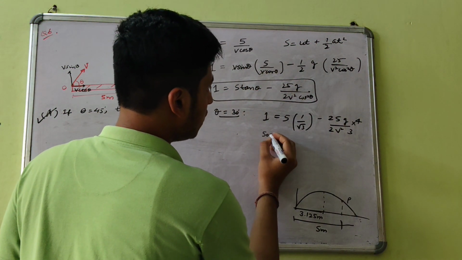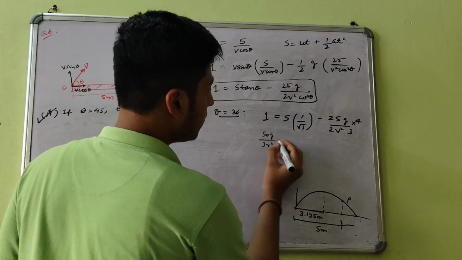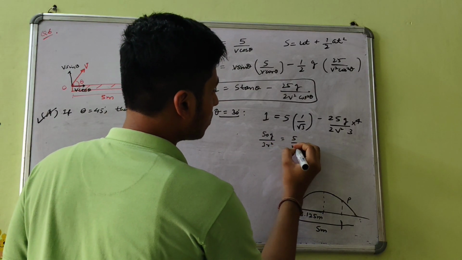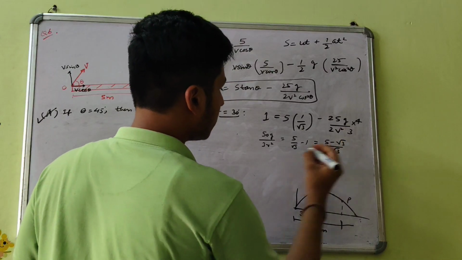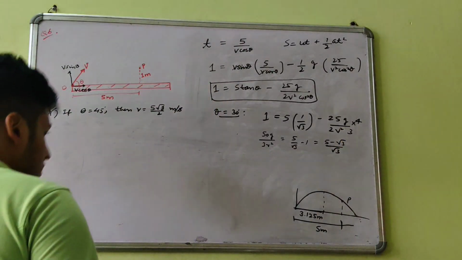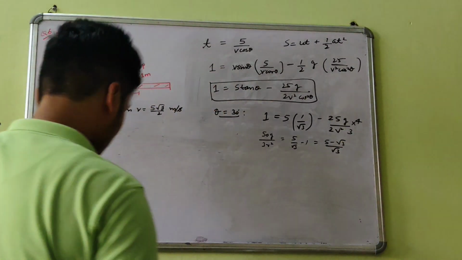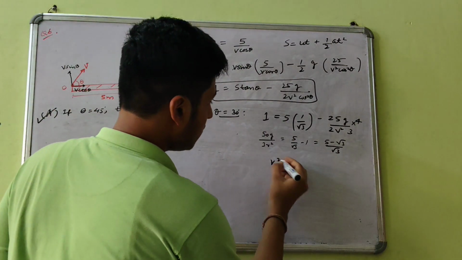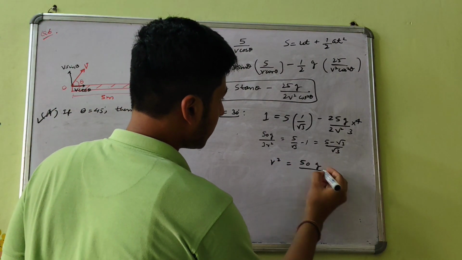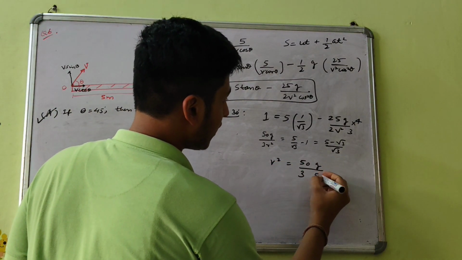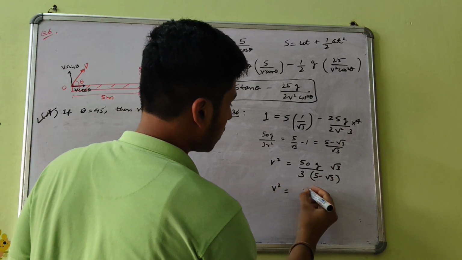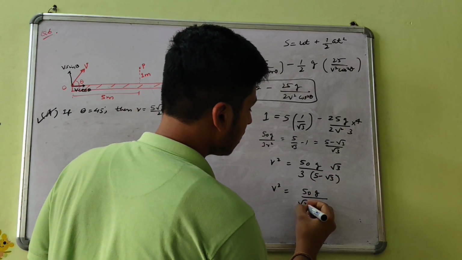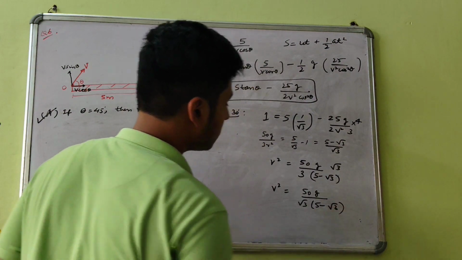So 50g by 3v square equals 5 by root 3 minus 1, that is 5 minus root 3 by root 3. So v square equals 50g by 3 times 5 minus root 3 by root 3, or v square equals 50g by root 3, 5 minus root 3.